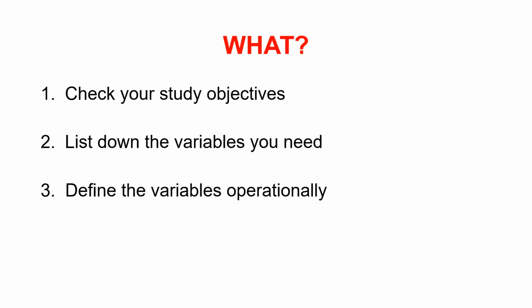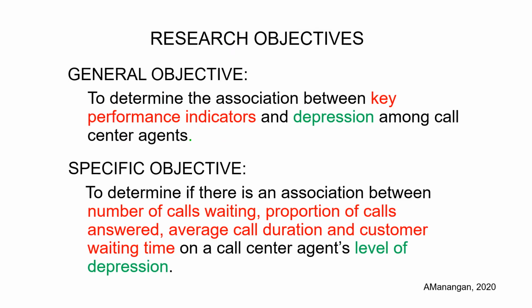This will depend primarily on the study objectives, which will eventually influence the identification and definition of study variables. In this example, a researcher wishes to determine the association between key performance indicators and depression among call center agents.